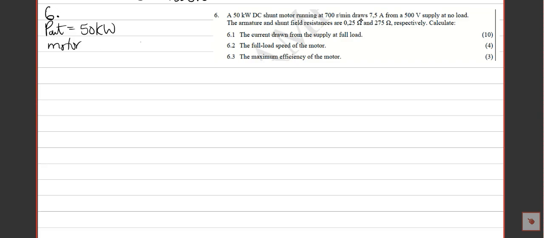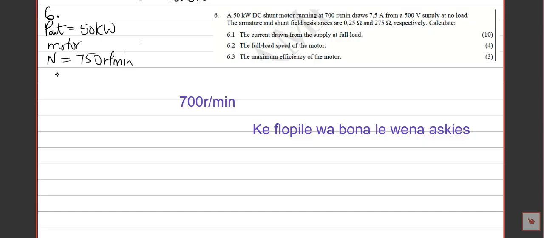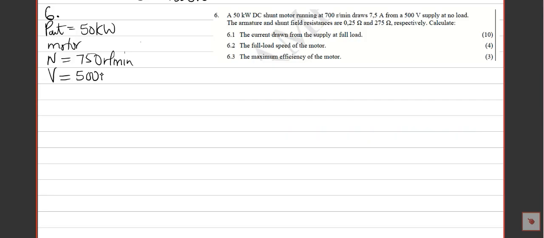It draws 7,5 amps from a 500 volt supply at no load.